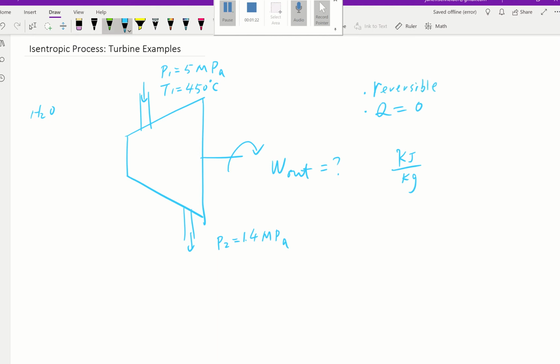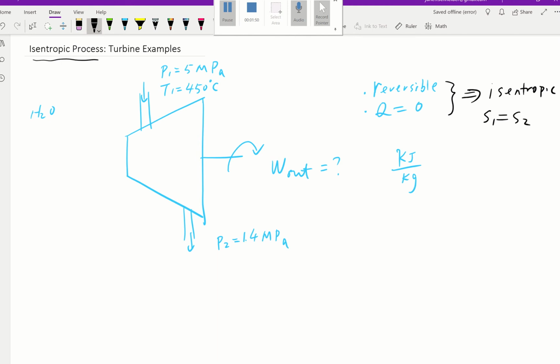If it's reversible and adiabatic, from the last video, it's an isentropic process, which means S1 equals S2. That qualifies this problem to be exactly an isentropic process for a turbine.